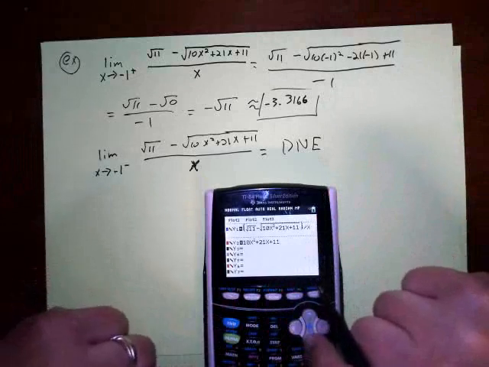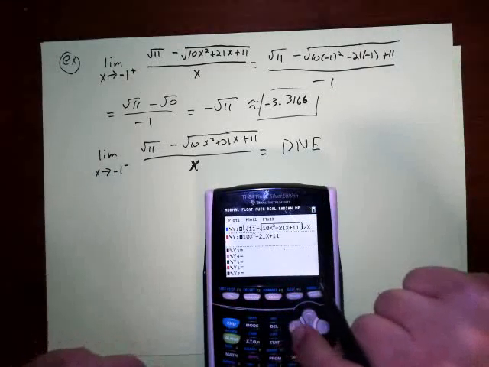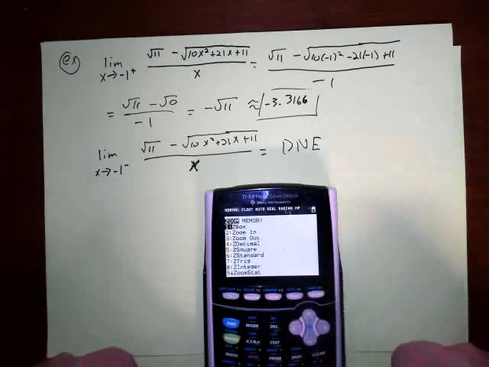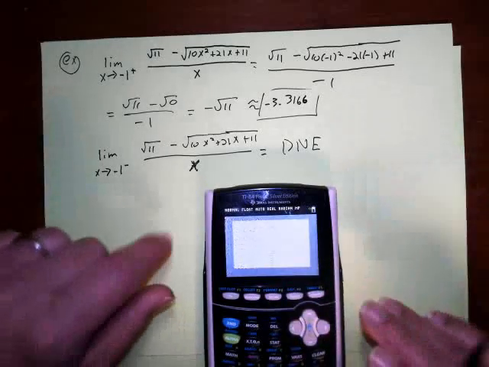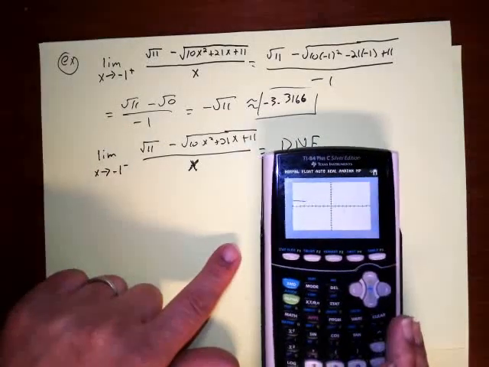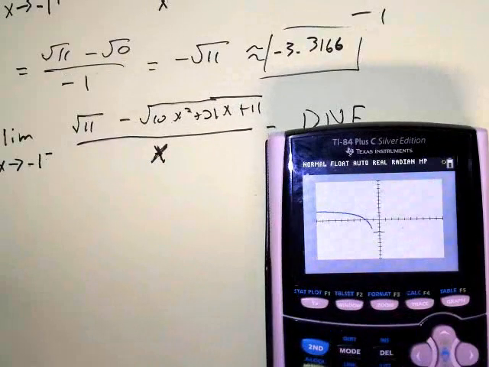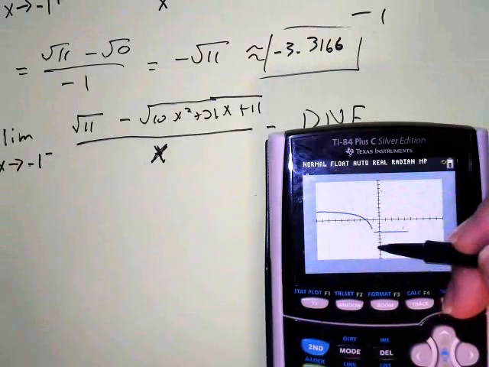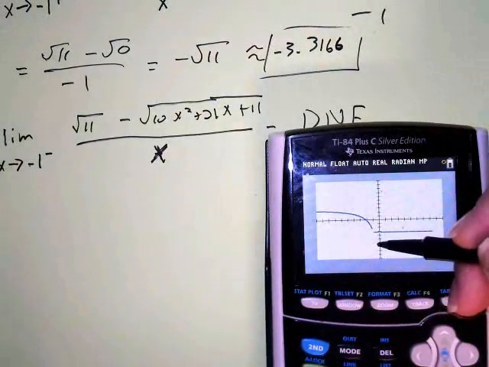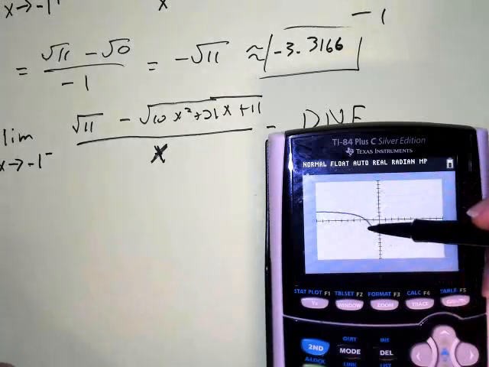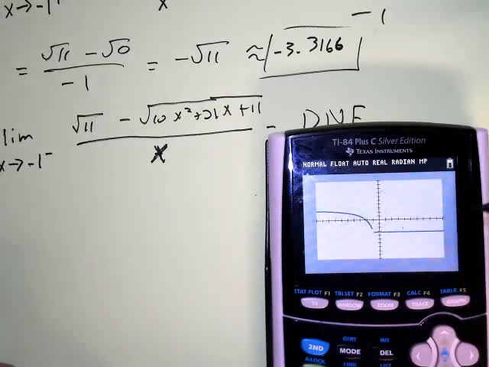What I have here is the function, and I'm going to graph it in the standard window. And it looks like it makes a little jump there. Okay? Do you see that? It goes down sort of like a square root and makes a jump.